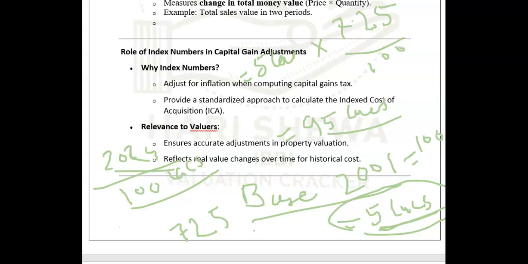So it will come to 5 into 7.25, which is 35 plus 0.25, 36.25, approximately 36.25. So the actual profit will be 100 lakhs minus 36.25, which is 63.75 lakhs. Capital gain tax will be applicable on 63.75 lakhs, not on 95 lakhs.